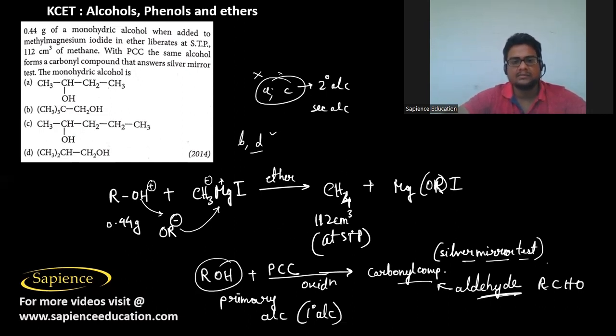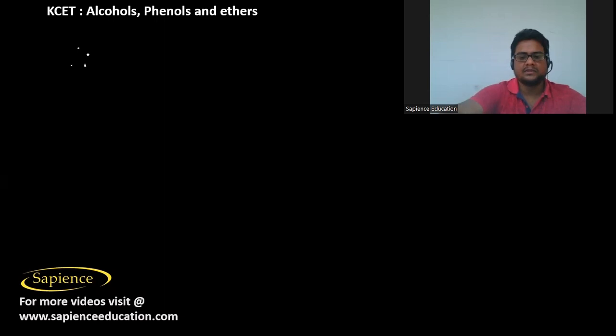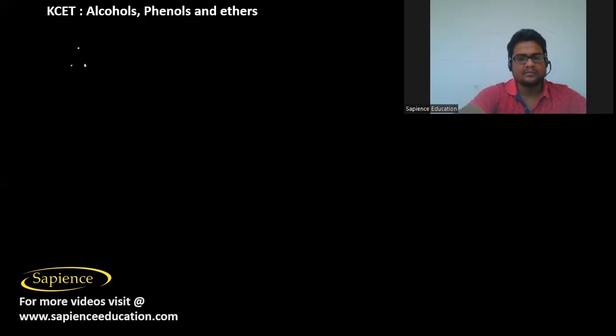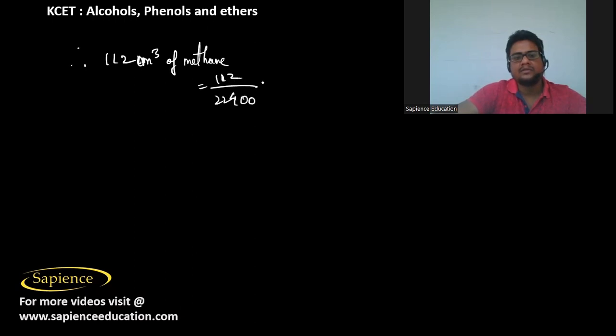Now here, 112 centimeter cube of methane at STP. It means that it is 112 by 22400, which is 1 by 200 mole.